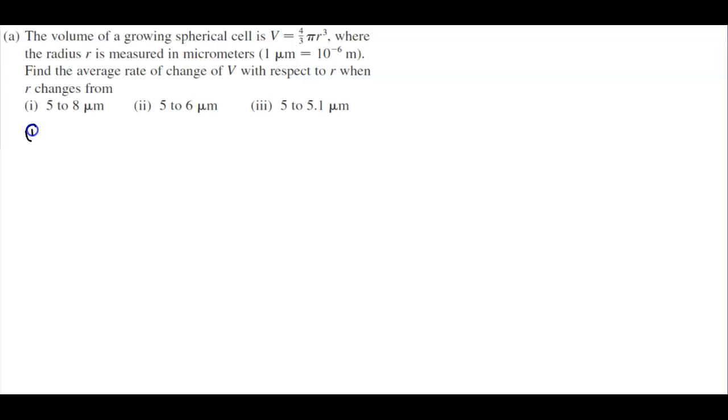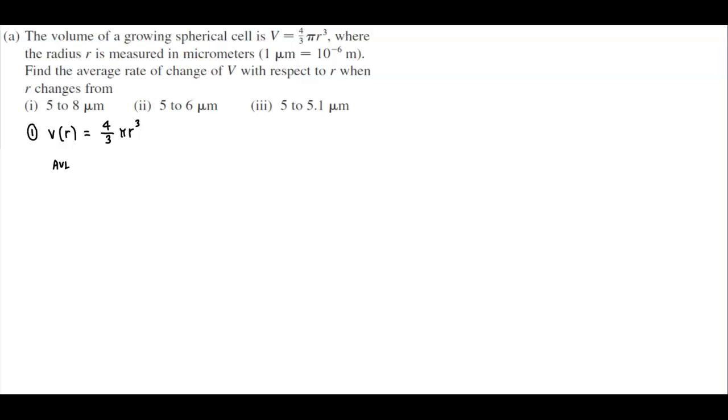Okay. So the first thing we need to look at is the fact that we have the volume as a function of r, which is equal to 4/3 pi r cubed. So this represents the sphere, right? And so then we want to talk about the average rate of change.